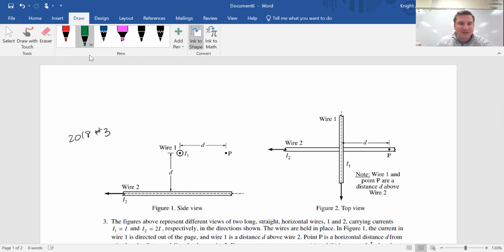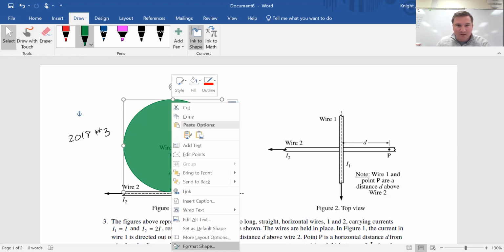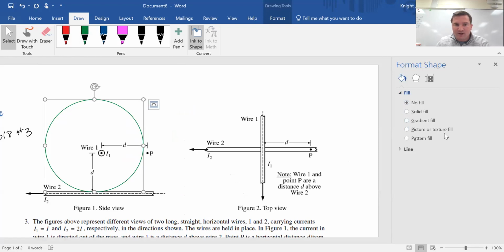Maybe I should try and use this inked shape thing. I think it'll let me draw a circle. And it'll be like, yeah, that was a circle. Ah, it did. All right, that works. I don't want any fill, though. Get the fill out of here. What a great circle I just drew.